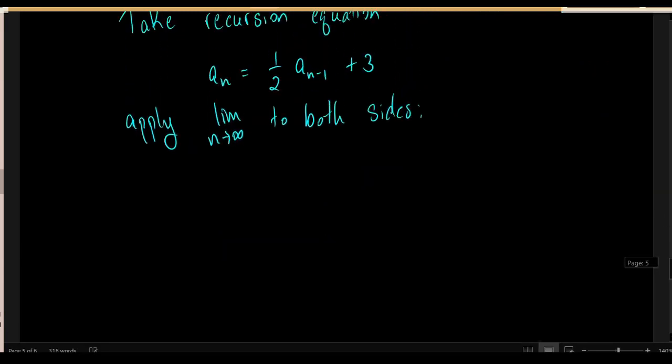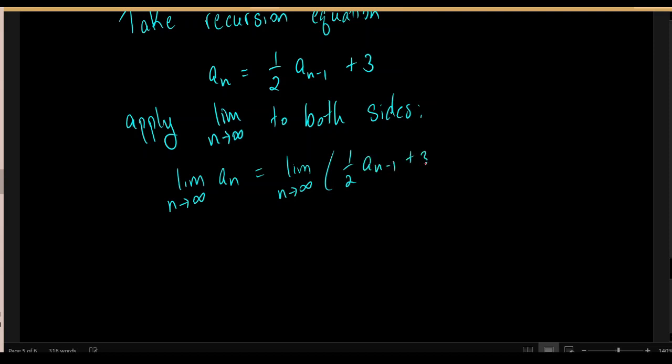So on the left-hand side, I'm going to write the limit as n goes to infinity of a_n. I'm going to write the limit as n goes to infinity of 1/2 a_n minus 1 plus 3. And then I'm going to use the fact that limits always behave really nicely with constant multiples and with sums. So this is equal to the limit as n goes to infinity of a_n. Pull out the 1/2.